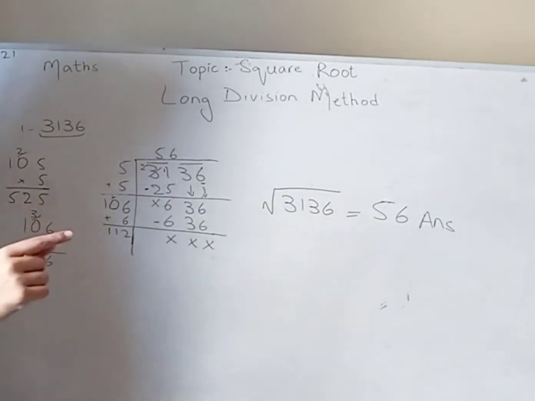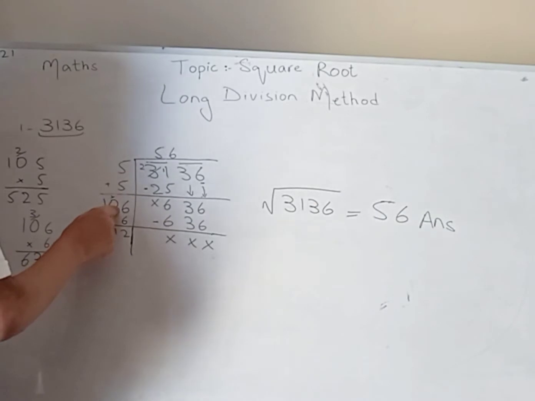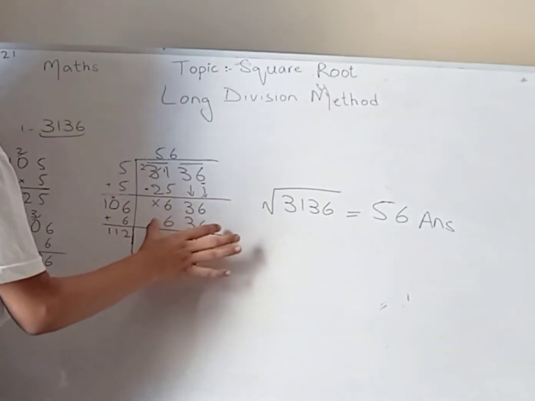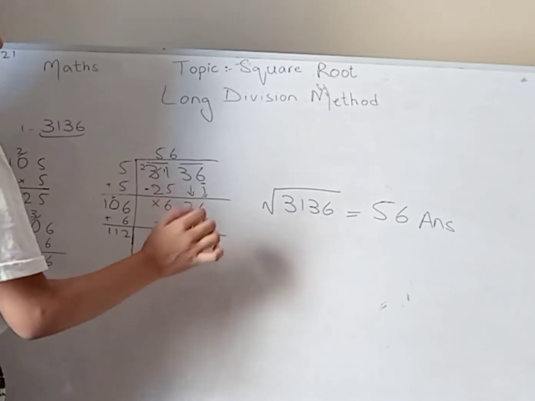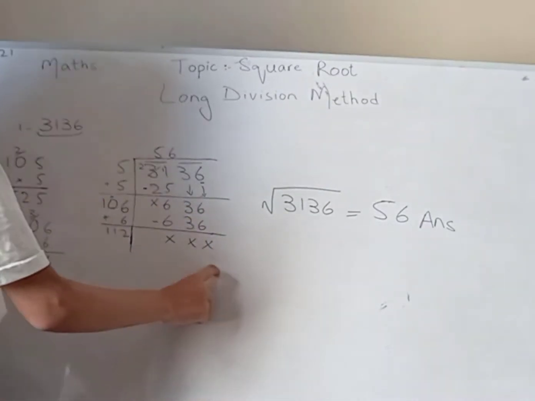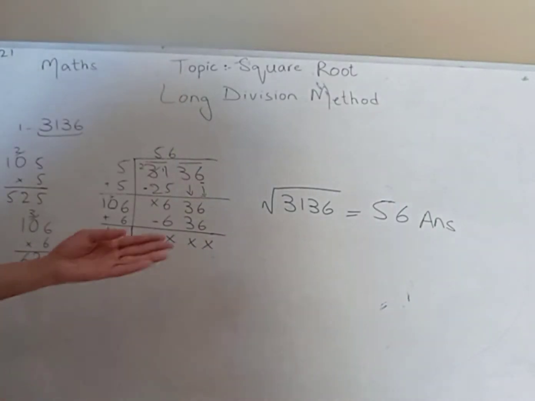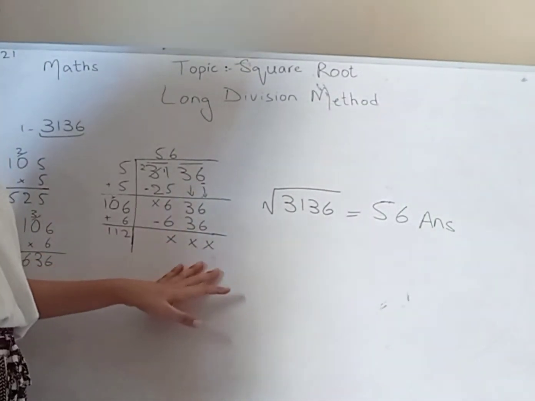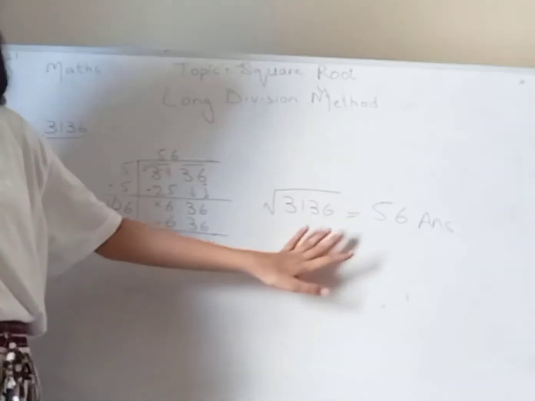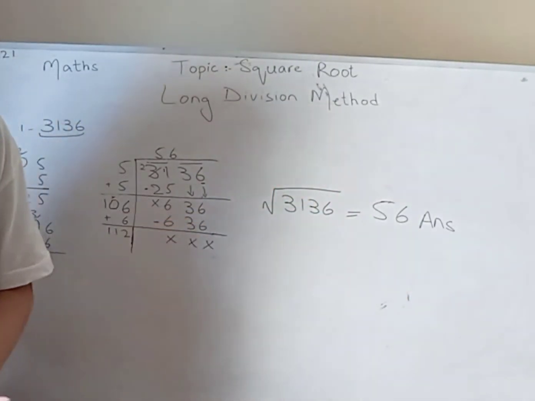You don't have to write 10 2 times. You just have to write the square number 2 times, a square at the top, and here is a number over here. Subtract this, add this, you will get your answer. After you have solved and there is no remainder left, write your answer like this: square root of 3136 is equal to 56, and this is your answer.